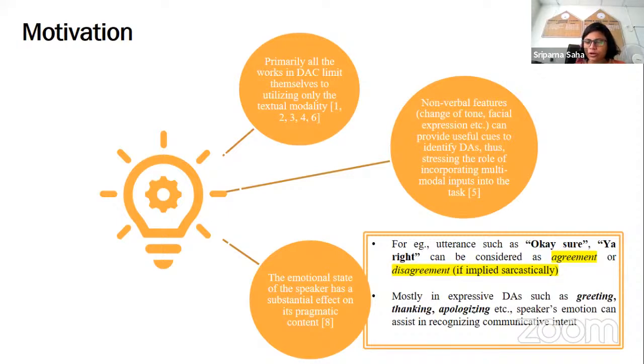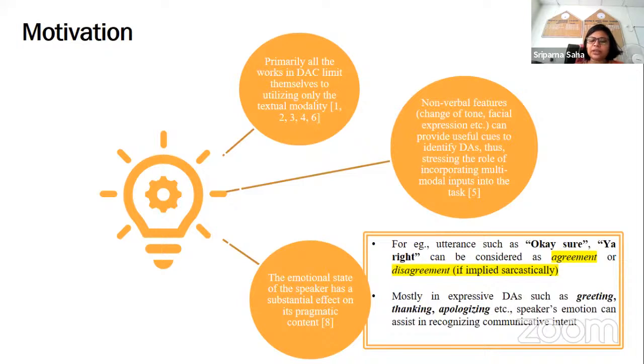Like okay, sure, yeah, right. These utterances can have two different meanings. They could be mentioned in a positive way or in a negative way. So these utterances can be considered as agreement or disagreement. If they are implied sarcastically, then they are disagreement, and if they are implied normally, then they are agreement.